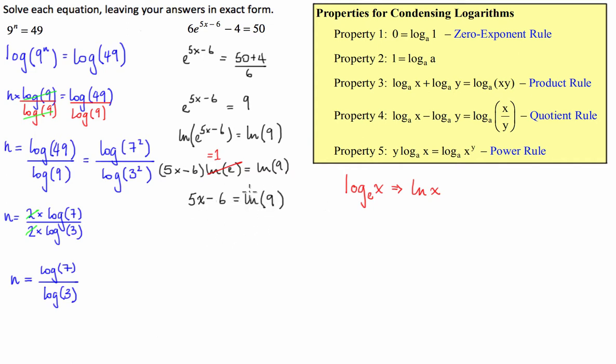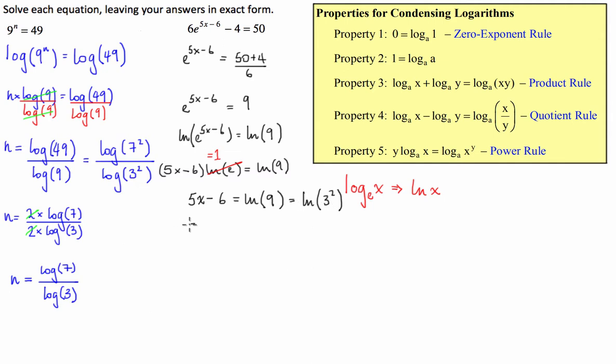Now from here, I'm going to use one more property of logarithms to simplify my ln of 9 before I begin to use algebra to finalize the algebraic expression. So I'm going to rewrite ln of 9 as ln of 3 squared. So hopefully you guys are going to be aware that this is going to be simply 2 times ln of 3.